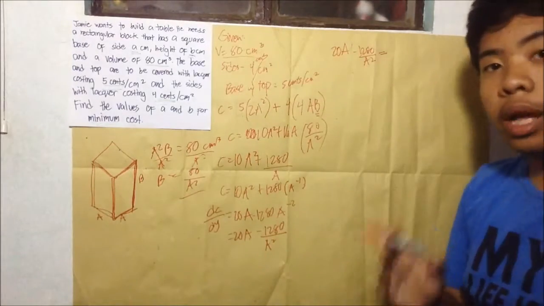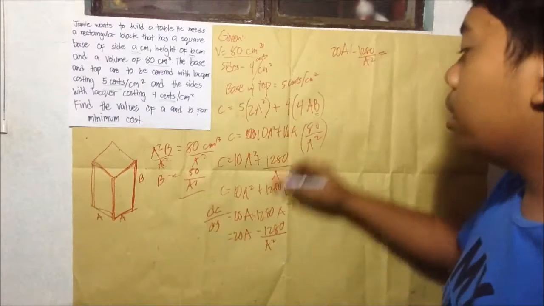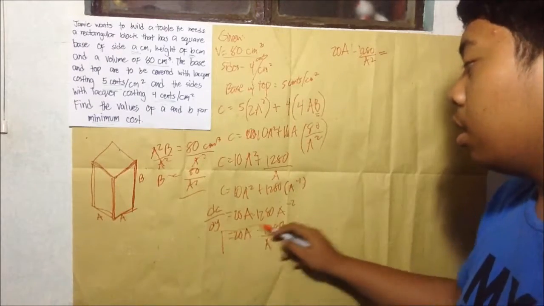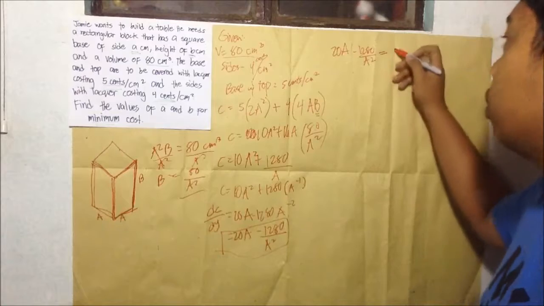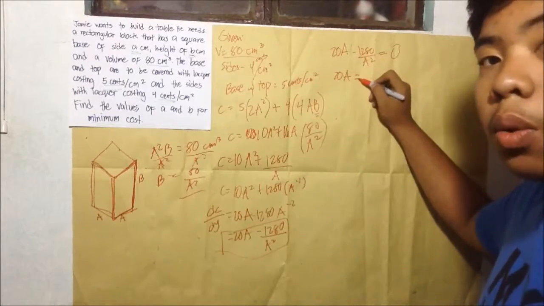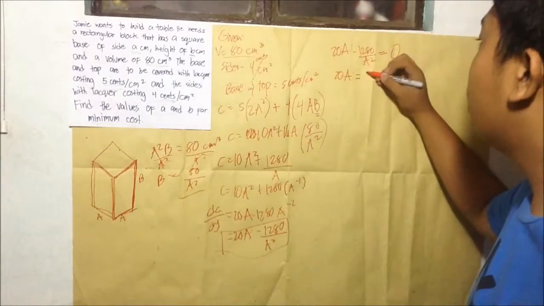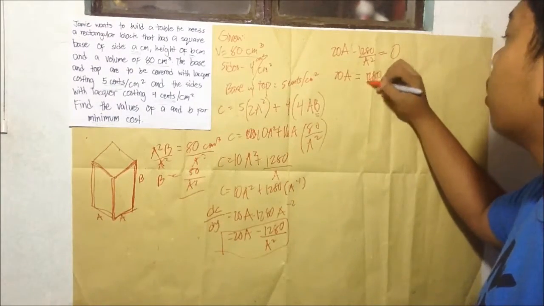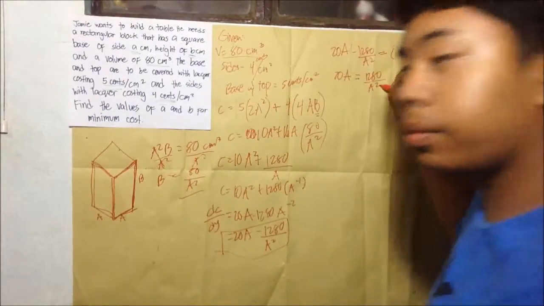Now to solve for A, we equate this to 0. Then 20A equals 1280 over A squared.